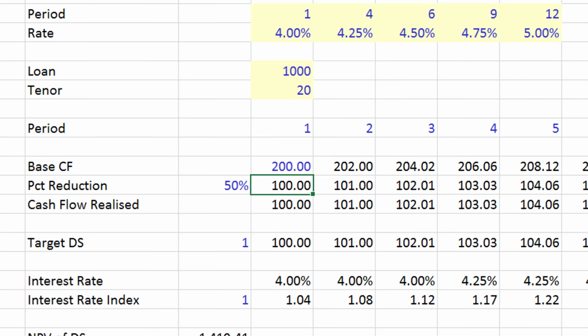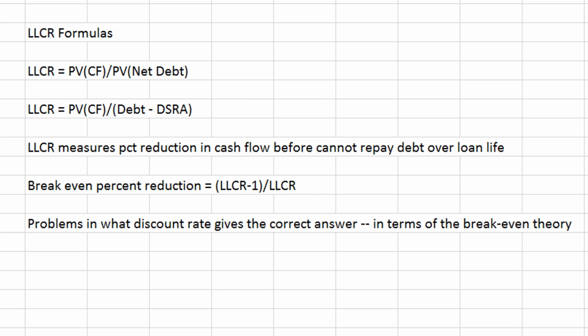Okay, now I'm going to use that to illustrate a couple of points. So before, I'm sorry, I started this video and I'm kind of doing something really bad, but the LLCR is the present value of the cash flows divided by the present value of the debt. It's just the DSCR with NPVs around it.